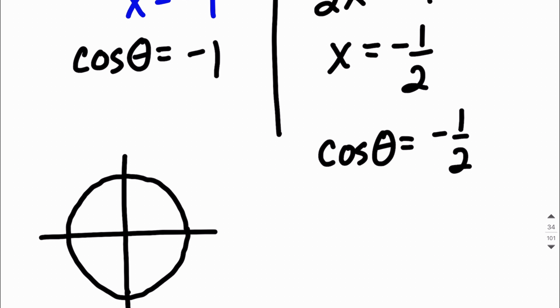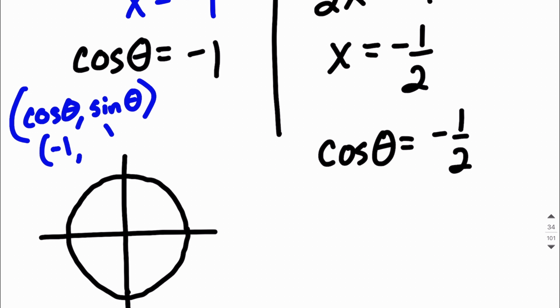Why I like using the unit circle is because I know that points on the unit circle correspond with cosine of theta, comma, sine of theta, as ordered pairs. So in our case, what we're looking for is some ordered pair that has x as being a -1, like -1 comma something for our y value. Well, I know where that happens on our unit circle. It happens over here at that ordered pair -1, 0.